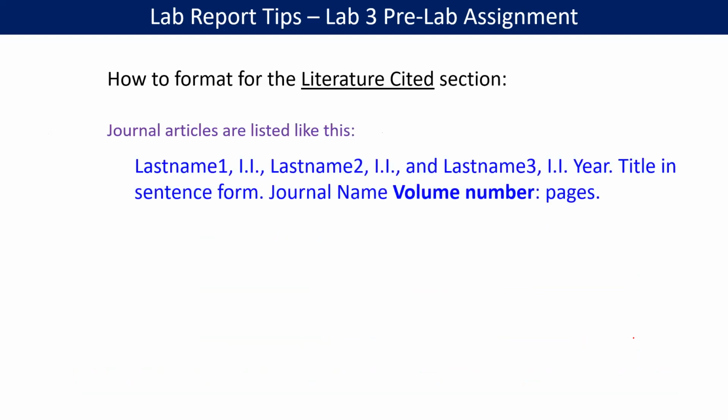This is the format: all the last names of all the authors, followed by their initials. Notice there's punctuation in there, commas and periods, followed by the year, followed by the title of the journal article, journal name, volume number, and pages. And sometimes, like I said, people are starting to add the digital object identifier at the end, which is not necessary, but you can include it.